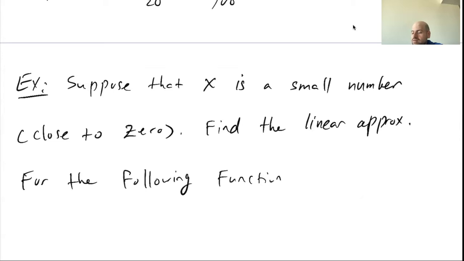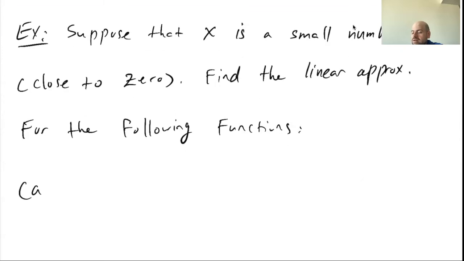So let's say part A, sine x. What will be the linear approximation for sine x if x is close to 0?